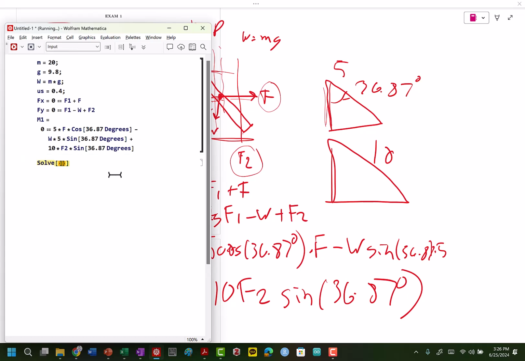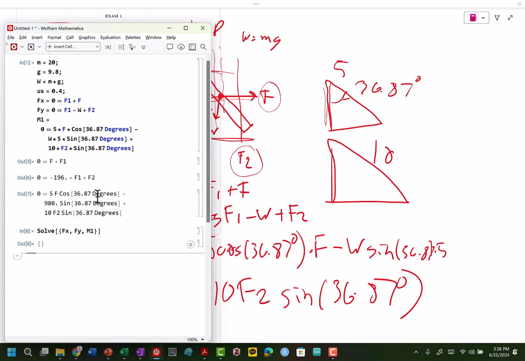Let's solve fx, fy, M1. Let's see what we've got here.